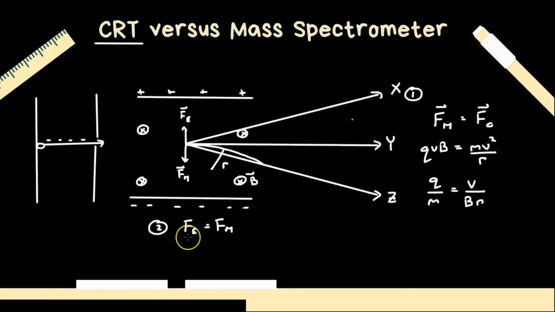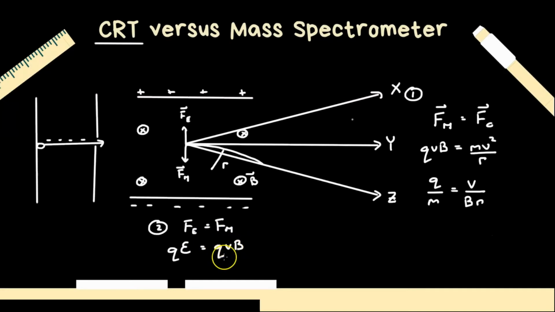Alright, so this here, the electric force, we calculate that as the charge times epsilon, where epsilon is the electric field strength. And that's going to equal the magnetic force, which is QVB.